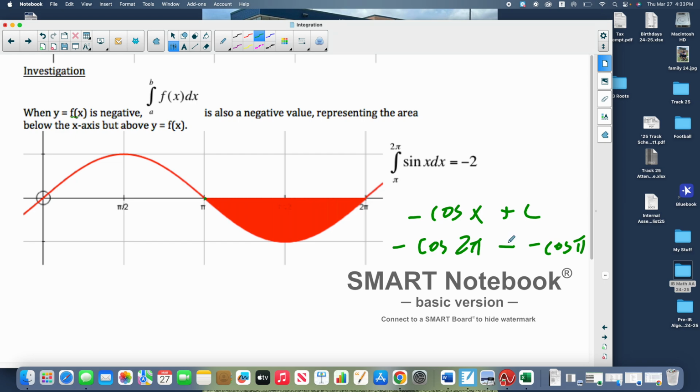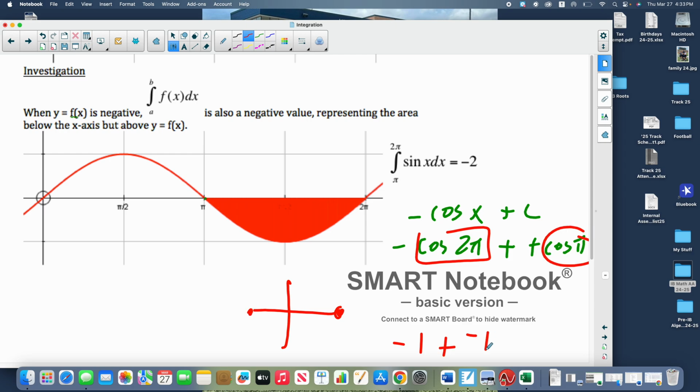Those two are both positives. Cosine of 2 pi, like we did on the graph a while ago, that's 1, but it's a negative out front, so negative 1. Plus cosine of pi is also negative 1. So this value right here is negative 2.